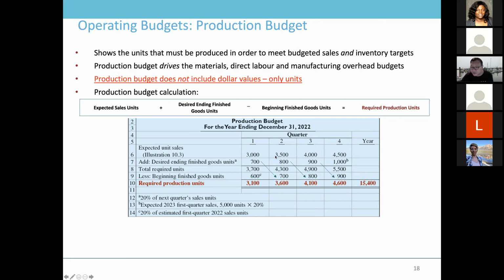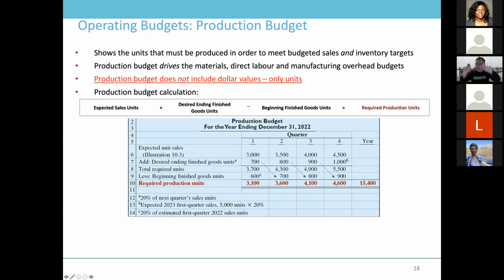The second quarter sales is 3,500, and I want 20% of that, so 20% times 3,500 is 700. At the end of quarter 1, I'm hoping to have an ending inventory of 700, and I will sell 3,000. So I have to have 3,700 units, because I will sell 3,000 and I need 700 left in my ending inventory to prepare for the next quarter.